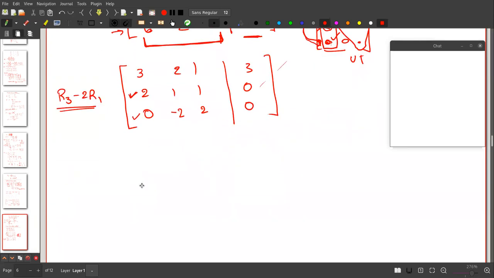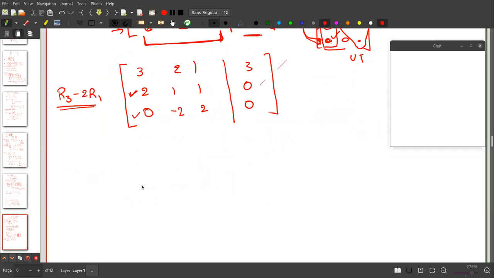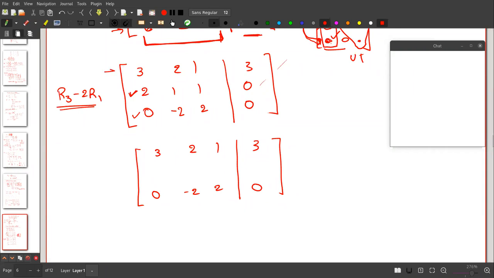Let's do it. Let's write the first one as it is, 3 2 1 3, and the last one as it is. Now what should I multiply? 2 by 3, and subtract it from this one. So 2 by 3 multiplied by 3 gives 2, and 2 minus 2 is 0.